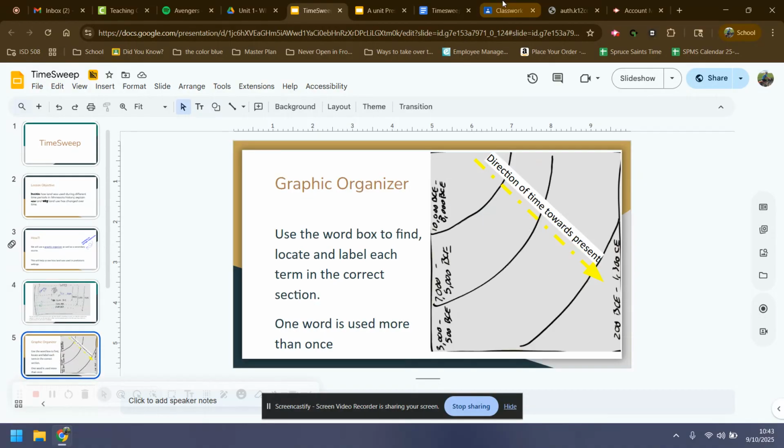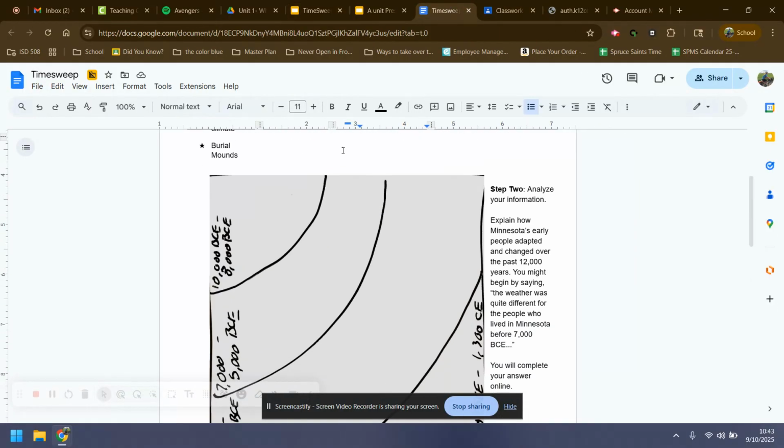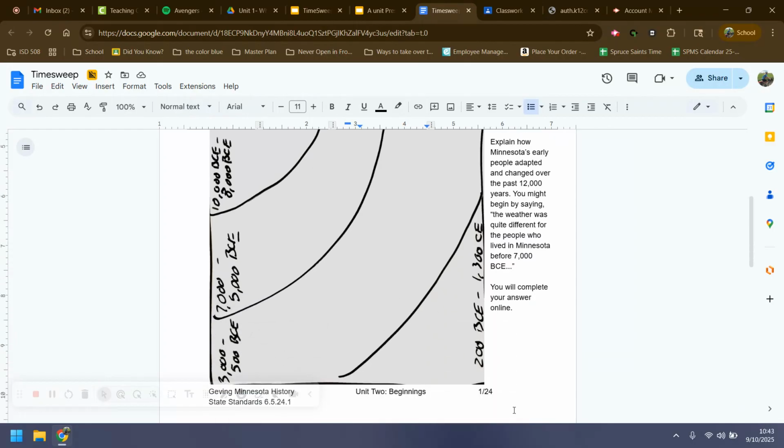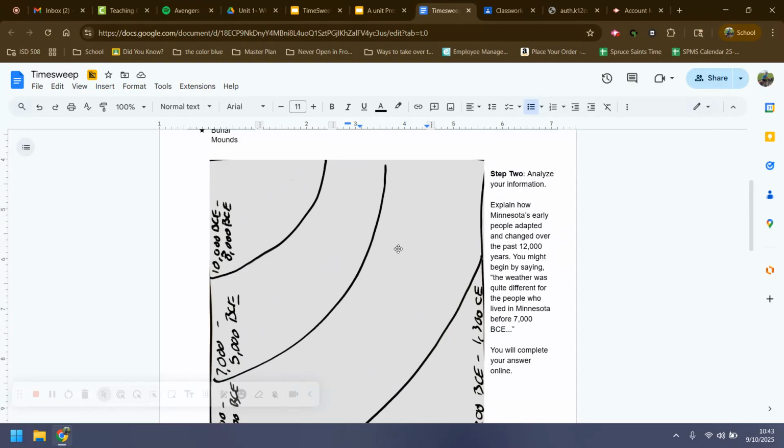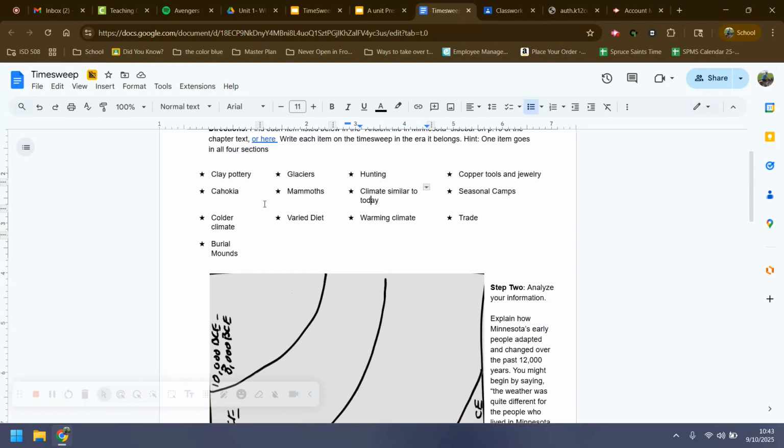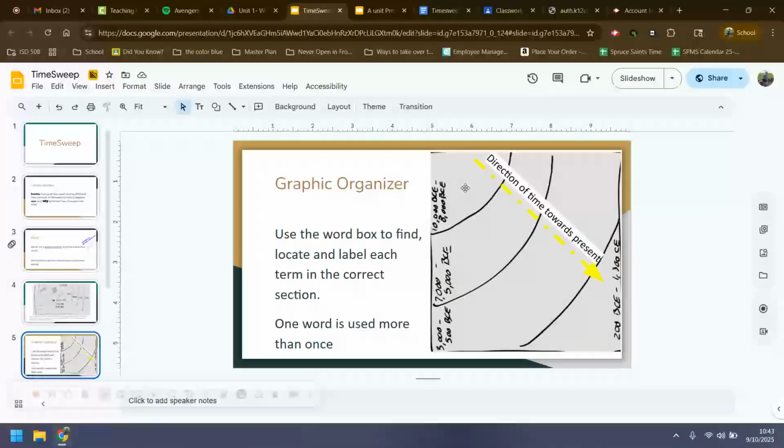Your graphic organizer looks just like this, and it walks you through how to mark down what you see and the differences. This is our word bank. One word is going to go into all of these sections. This is a walkthrough of our graphic organizer. Direction of time starts on the top left corner and goes to the bottom right.